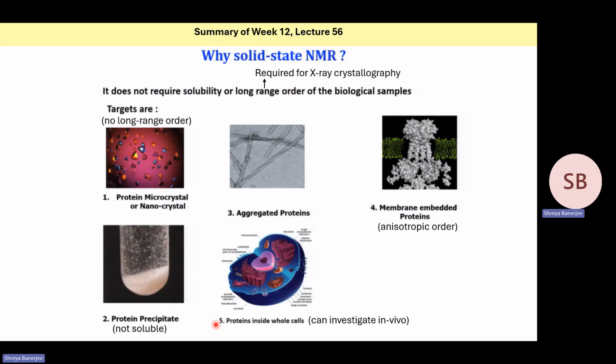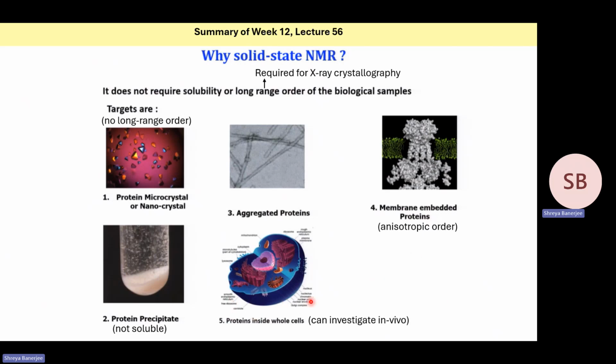And finally, you can have proteins inside the whole cell. If you remember, we studied something called STDD NMR. That was often used for membrane bound proteins where you could not separate the protein out from the cell. But that did not always give very clear resolution.